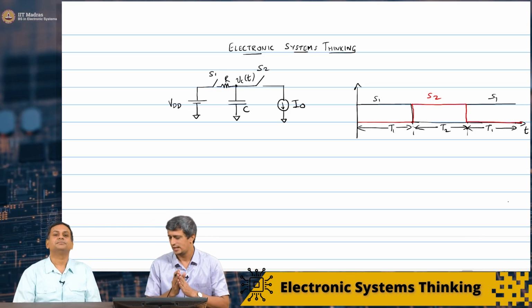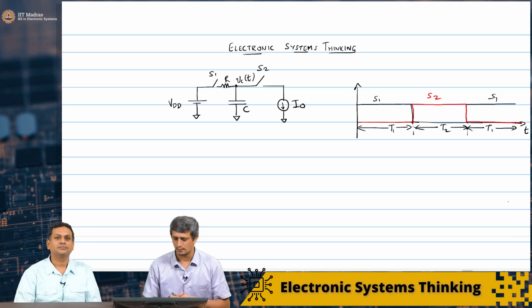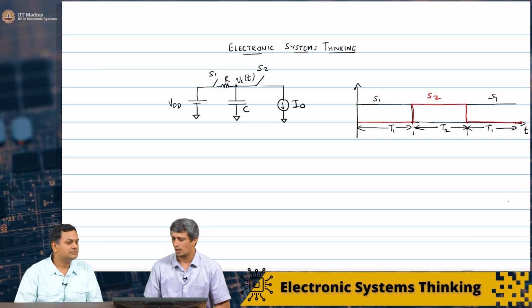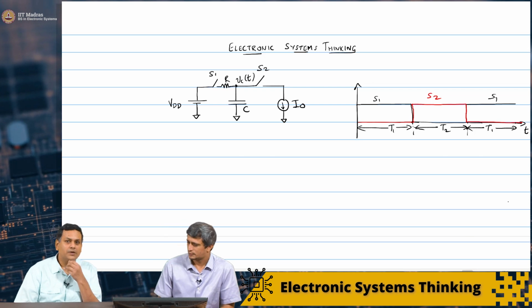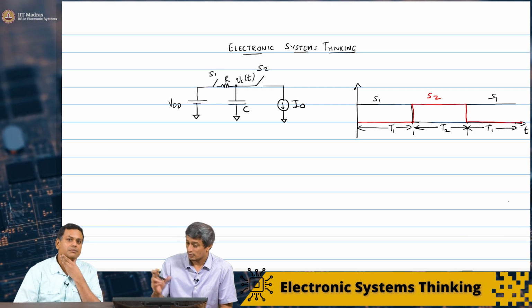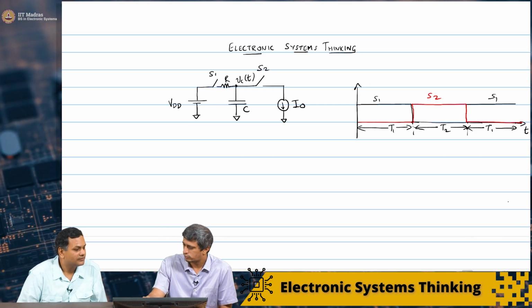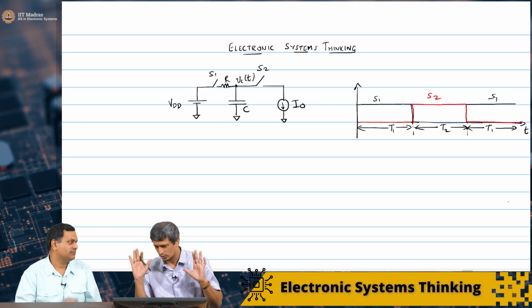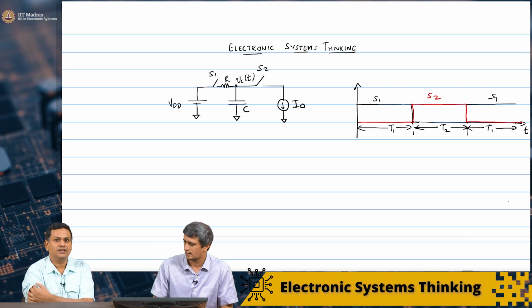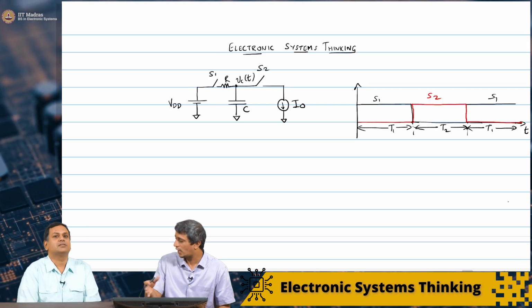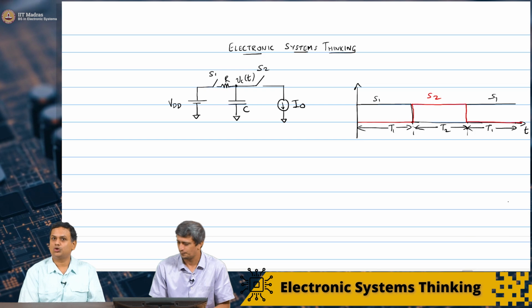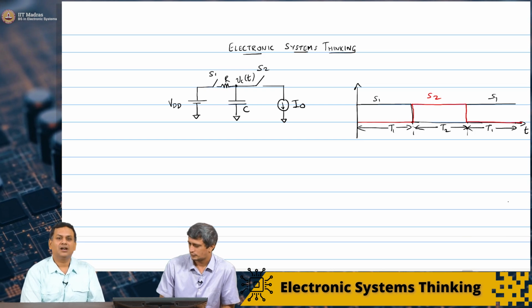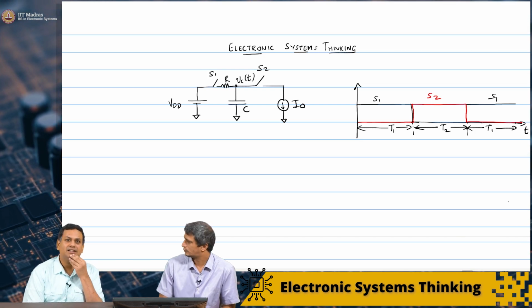So intuitively, how would we start now? By the way, just to clarify, T1 is large, T2 is also large. We are assuming that they are sufficiently large. How large, we will quantify.